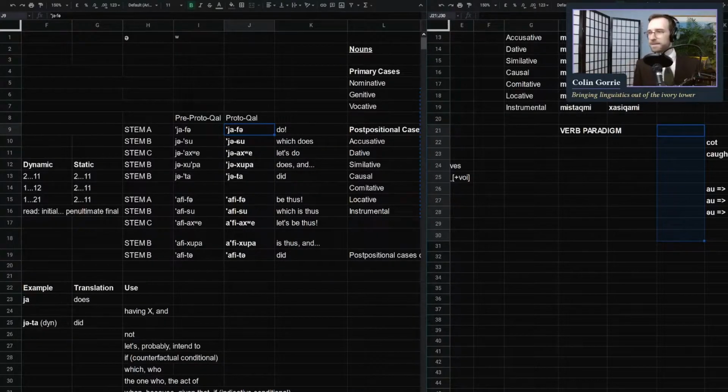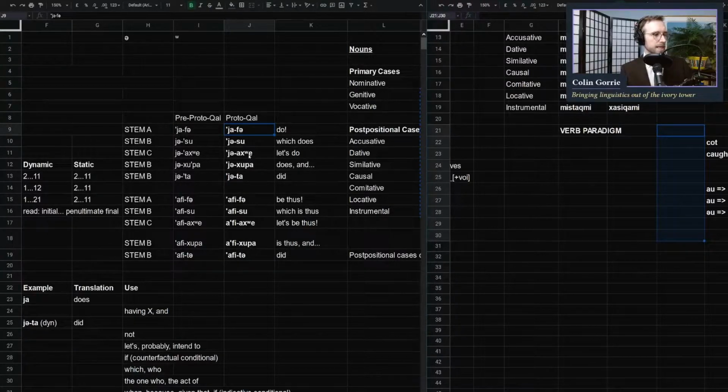And so we have all of these, and then we have different endings like fa, or su, or ahwe, or hupa, or ta. And all of these endings select for a different stem, one of A, B, or C. Depending on whether you're in A, B, or C, you're going to get different vocalism, different vowels in the root. So that's, long story short, what's going on in Proto-Qal.